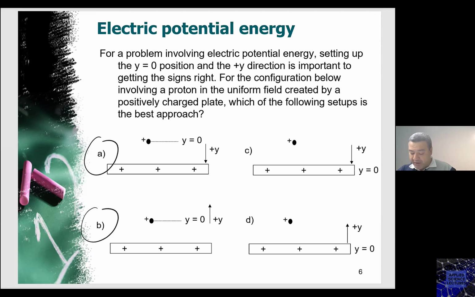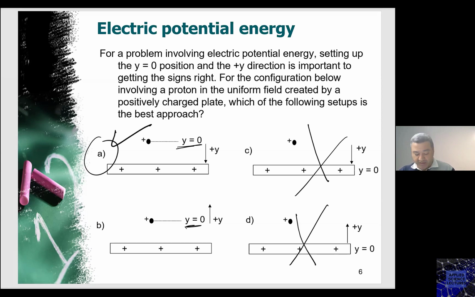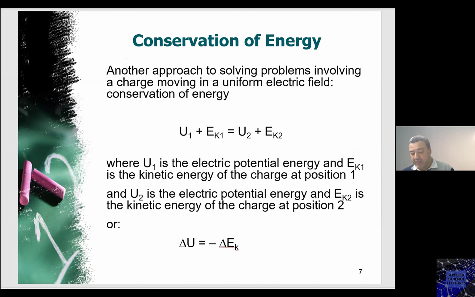Both of them have the reference 0 at the charge, so this is wrong, this is wrong. However, the positive y will be pointing toward the plate, which in this case is A. So A is correct, and we will choose A based on the configuration that we talked about earlier.